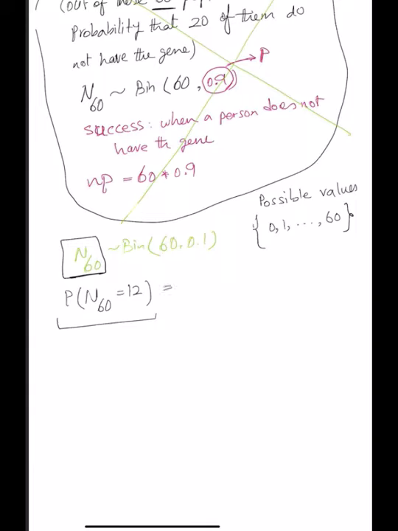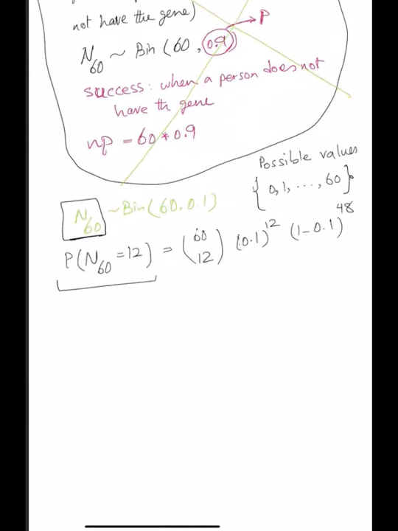So 12 out of the 60, P 0.1 to the power of 12, and 1 minus 0.1, which is 0.9, to the power of 48. Whatever that number is going to be.